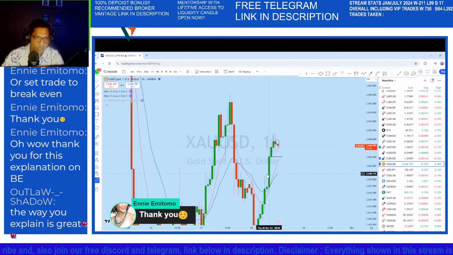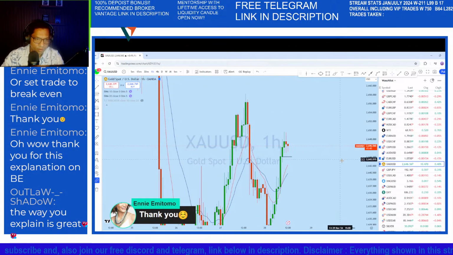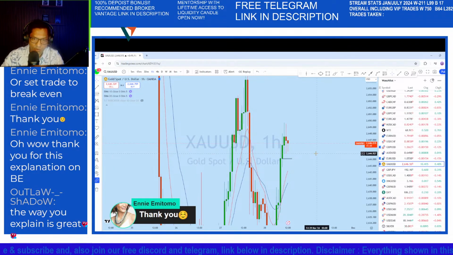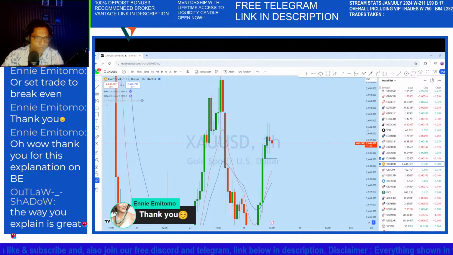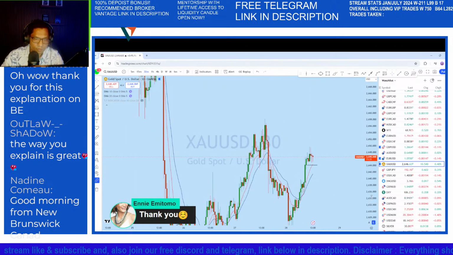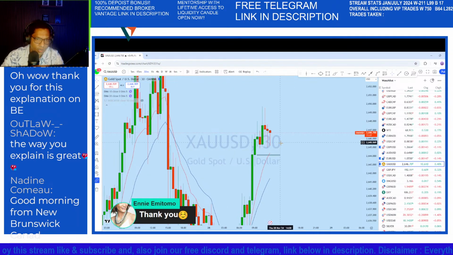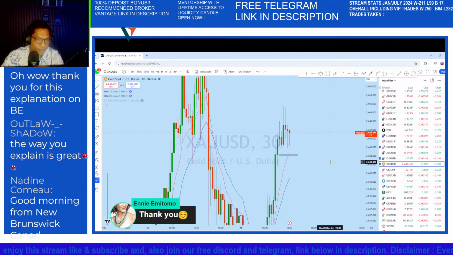The market is slowly trying to bounce from this level here. A long wick candle, another long wick candle might be forming on the lower time frame.